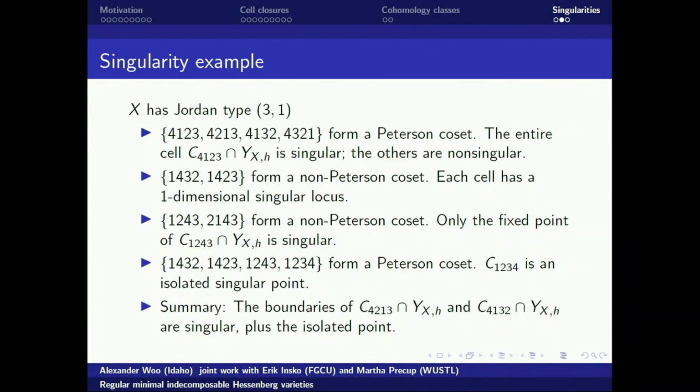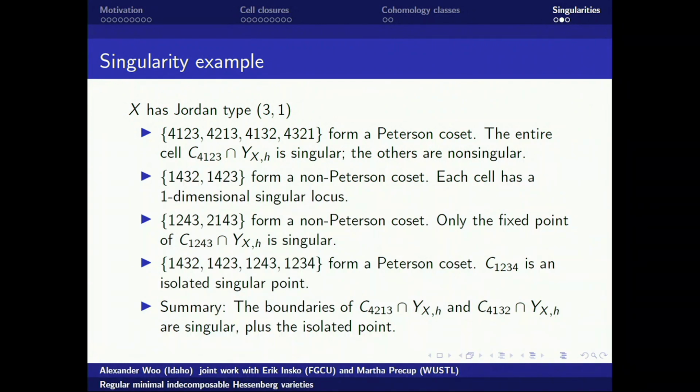Okay. I couldn't do 3-2. That would take like 3 times as much space or something like that. So here's 3-1. All right, here's what I mean by Peterson coset. These are the 2 Peterson cosets, and inside these 2 Peterson cosets, the numbers 1, 2, and 3 are next to each other, and the 4 is at either end. Okay?